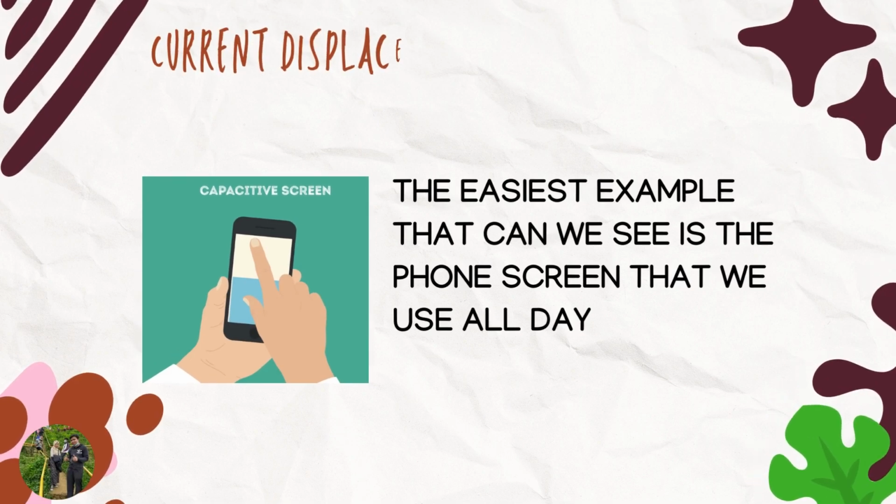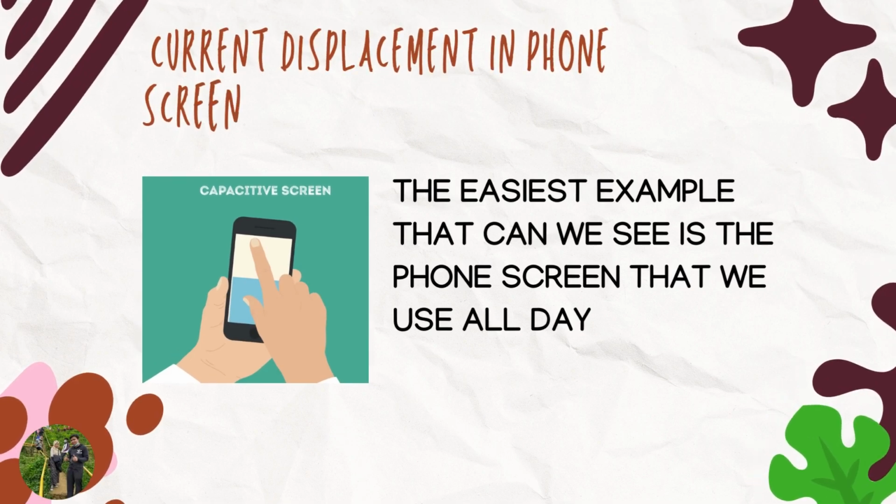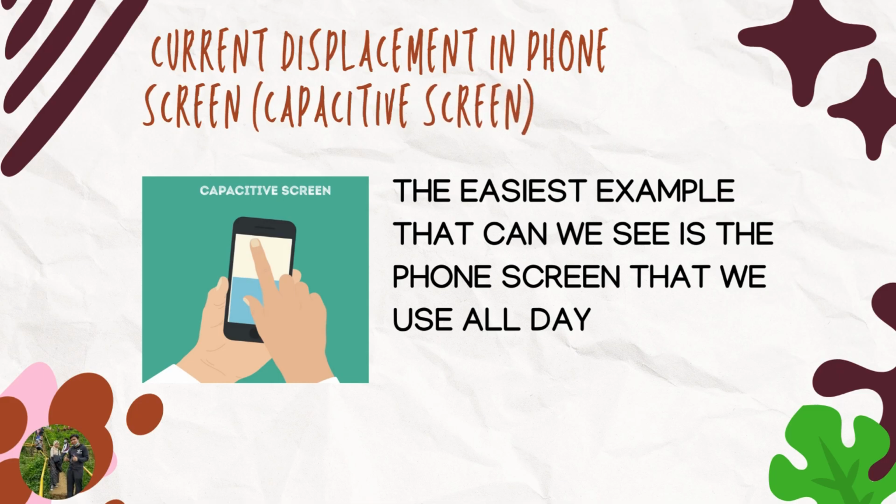So our example is the easiest. What we can see is the capacitive screen that we also see in our daily life, that we use on the phone, or we can go to the mall or restaurant. There are a few more that use this method.